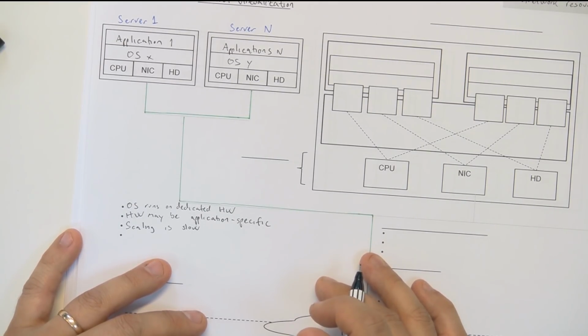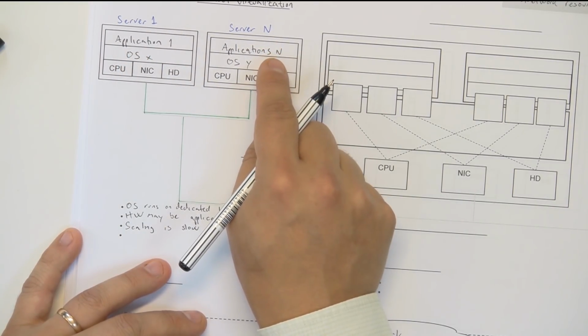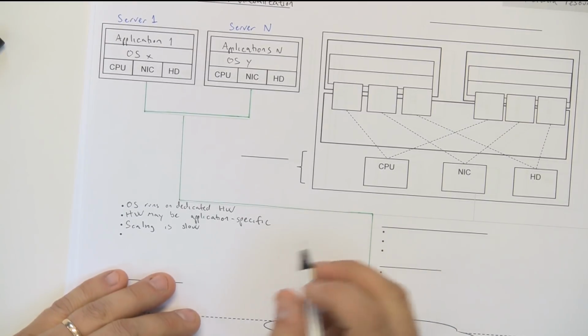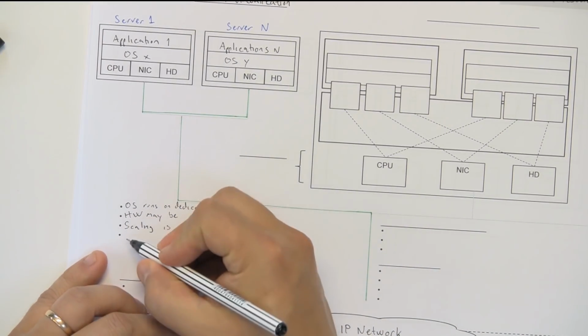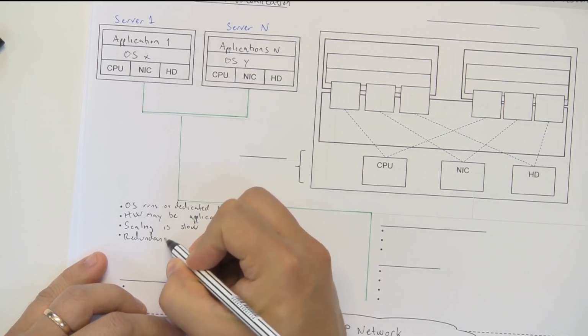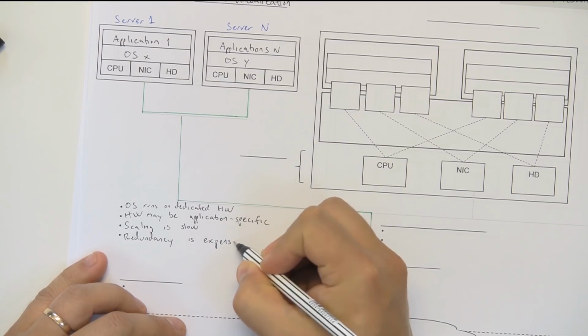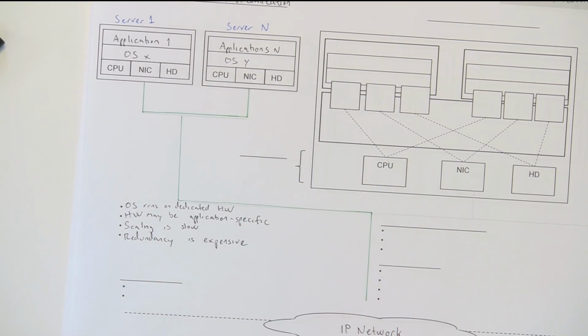You need to have a redundant application 1 and a redundant application n, standing next to each other. So redundancy is expensive, like this.